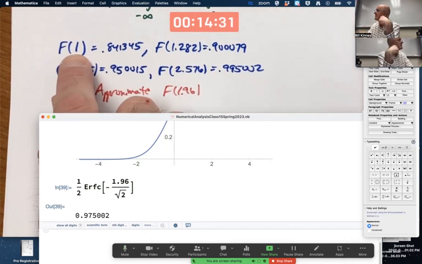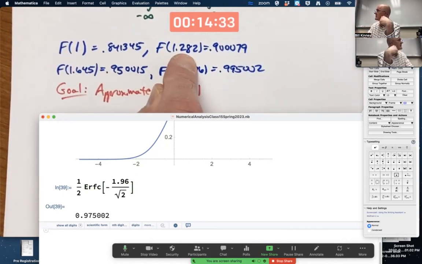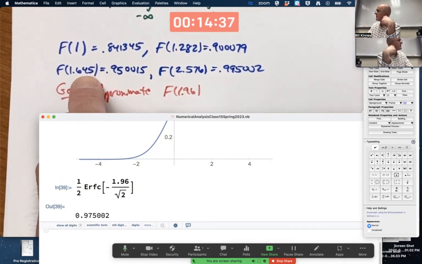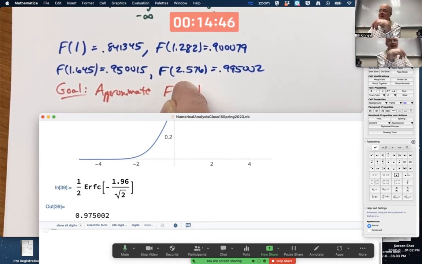X0 is 1. X1 is 1.282. X2 would be 1.645. X3 would be 2.576, right? Is there a question? How do we know what it's supposed to be? I use Mathematica. Oh, okay. That's X3, 4 nodes, starting with the 0th node.